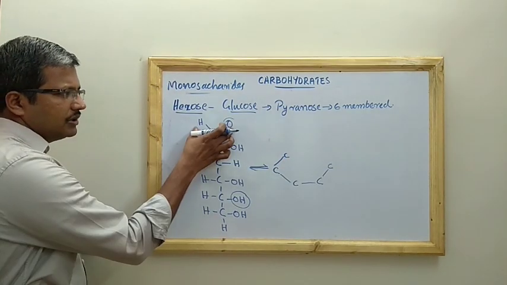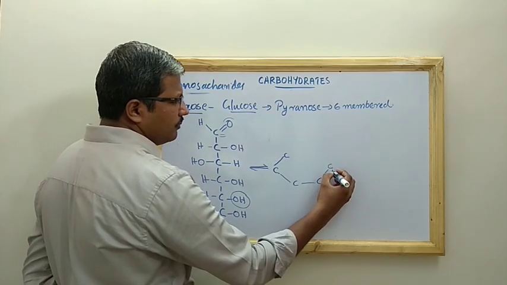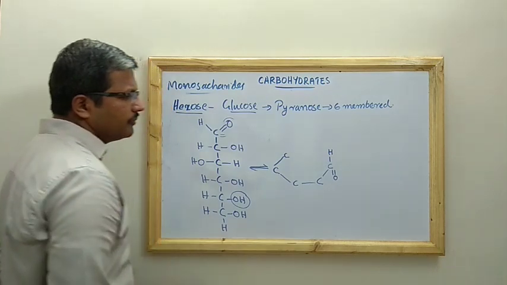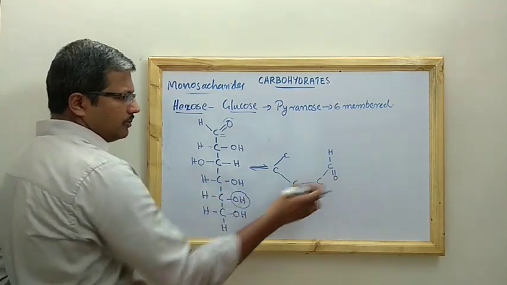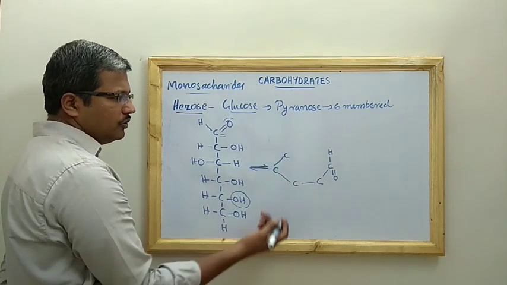I am drawing the associated atoms. We can see that the double bond O is there and H is there. Whatever is on this side you have to keep down, except for this one, because it is bending, so it will be in the opposite way.